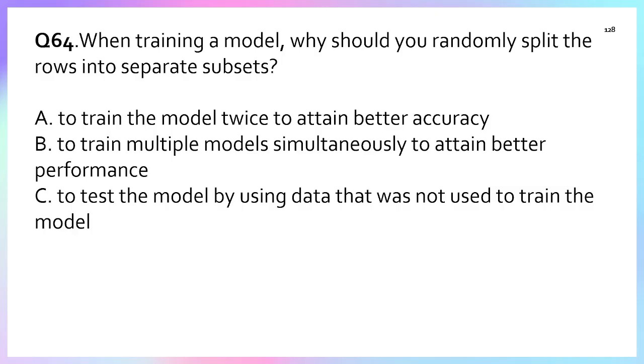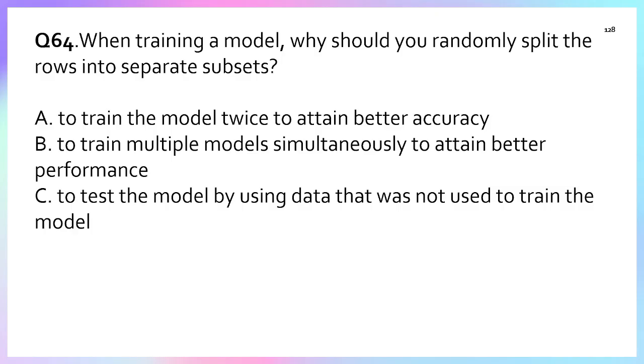Option A, to train a model twice to attain better accuracy. Option B, to train multiple models simultaneously to attain better performance. Option C, to test the model by using data that was not used to train the model. Yes, option C is this.